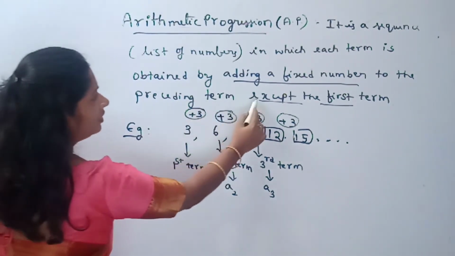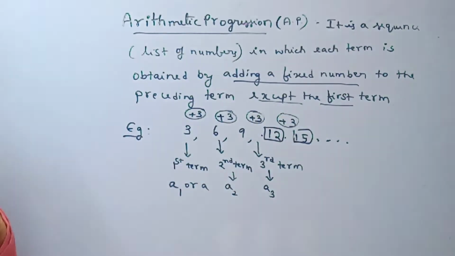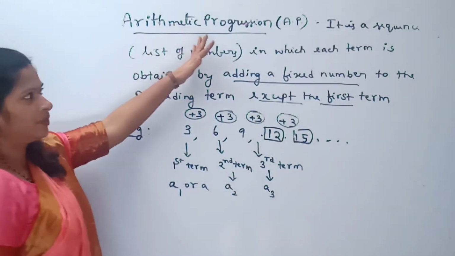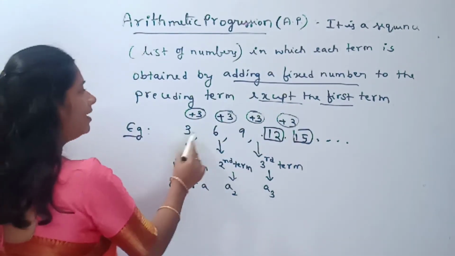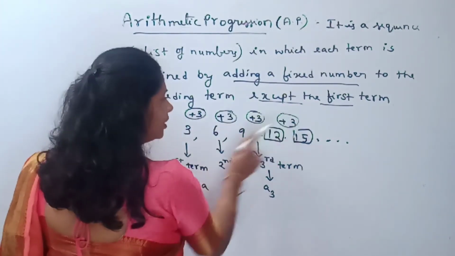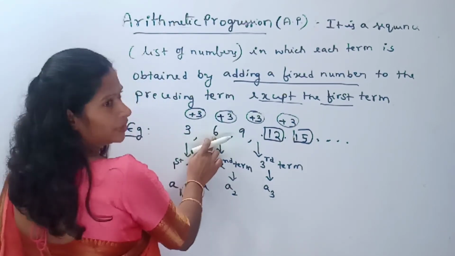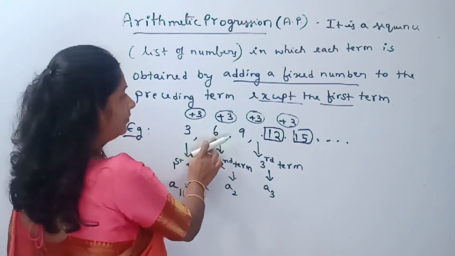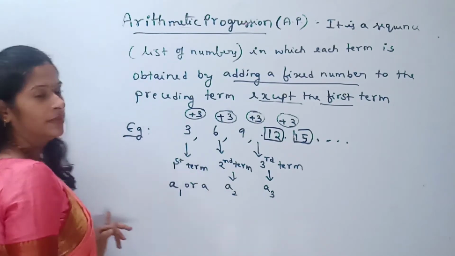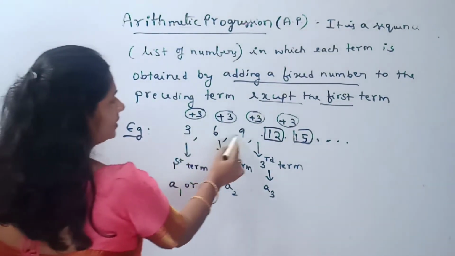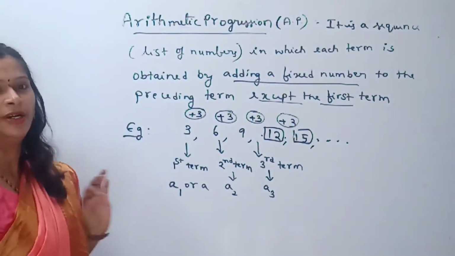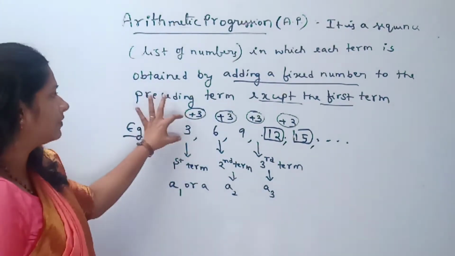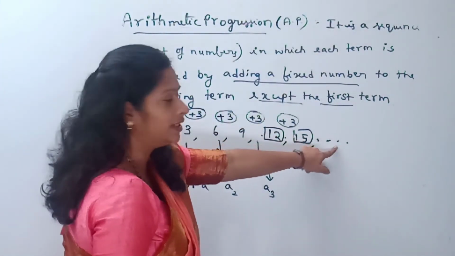So they have mentioned except the first term. So what do you mean by arithmetic progression? It is a sequence in which we are adding a fixed number to the preceding term to get the succeeding term except the first term. Now 3, 6, 9, 12, 15 are in arithmetic progression. This sequence is in AP, you can write.